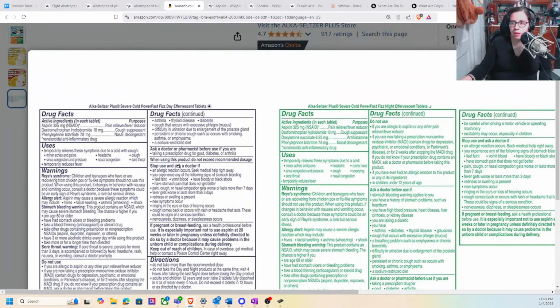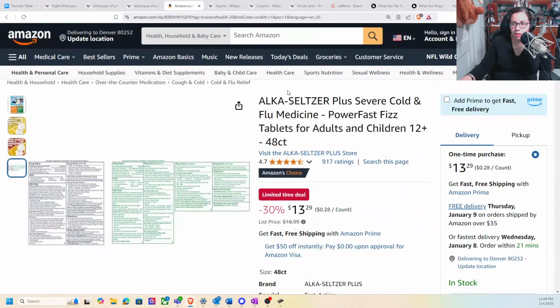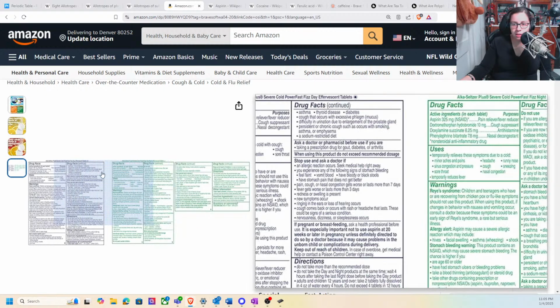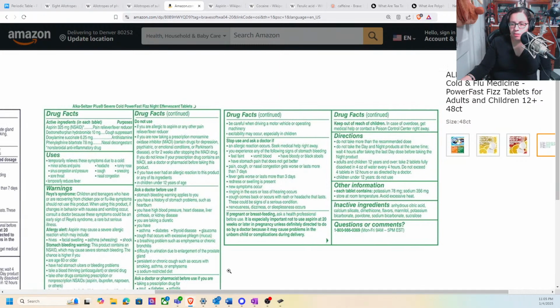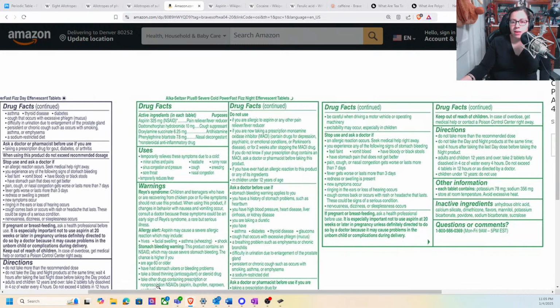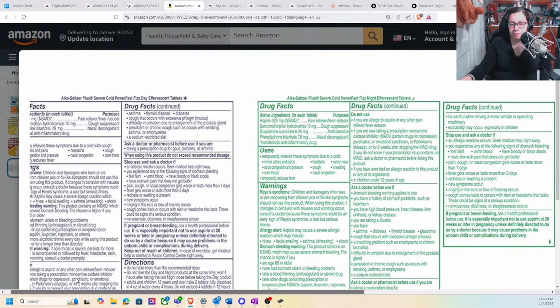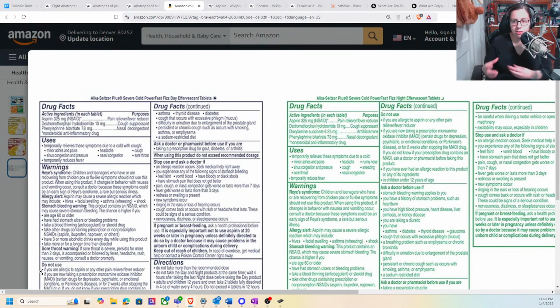I have here just the Alka-Seltzer Plus severe cold and flu medicine. It could be confusing because if you've ever taken an Alka-Seltzer, this is what makes it look homogeneous, right? It's just a little white tablet. So you might assume it's just one thing.